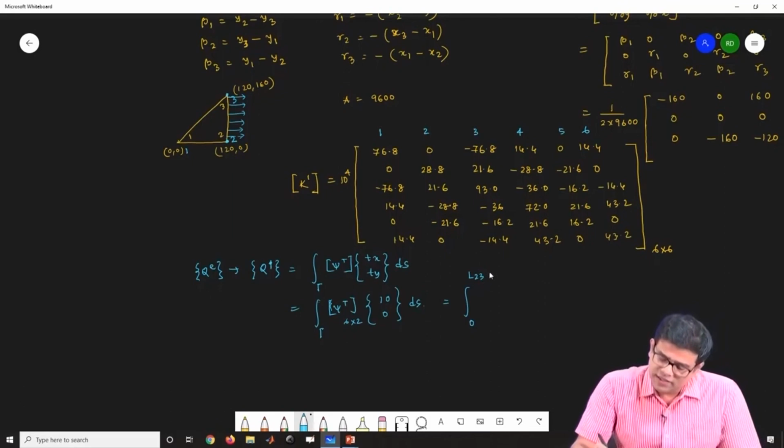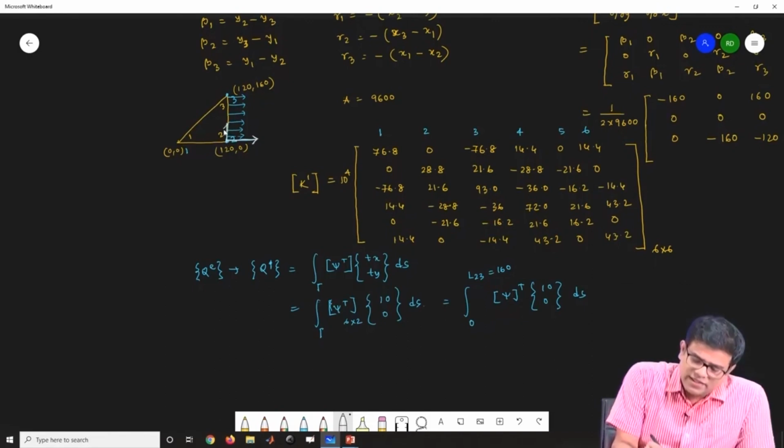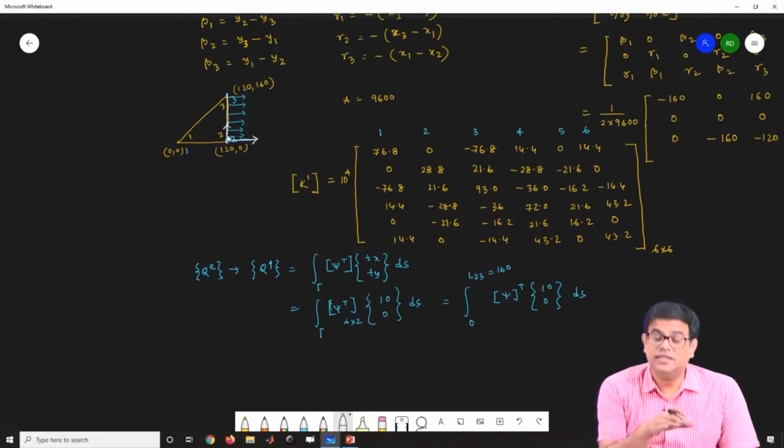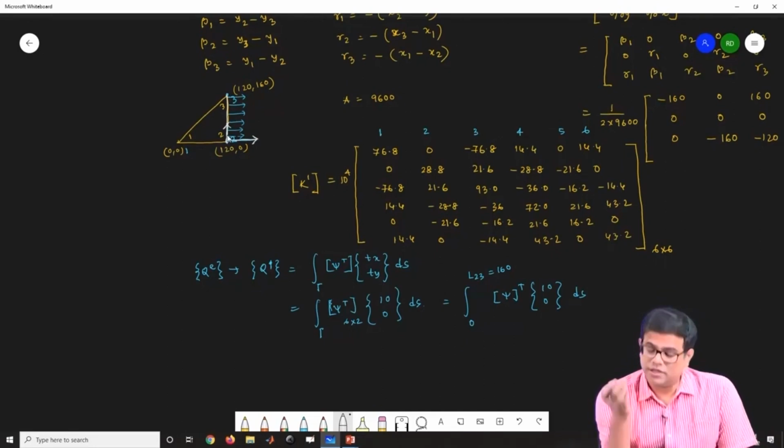So L23 is my 160, and then psi transpose, then you have 10, 0, then ds. So essentially I am taking this side of the element. This is my local axis on this side of the beam. I explained this in the previous class.